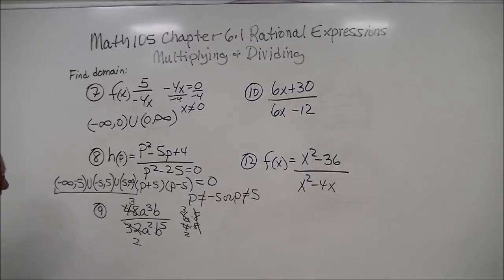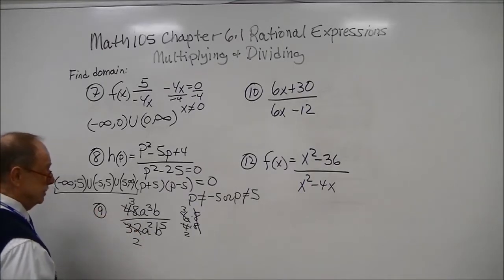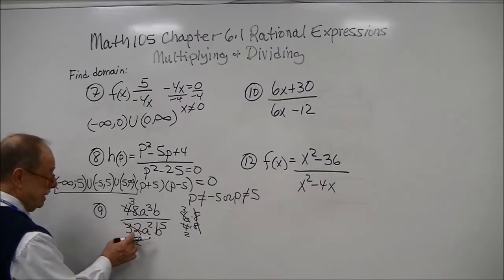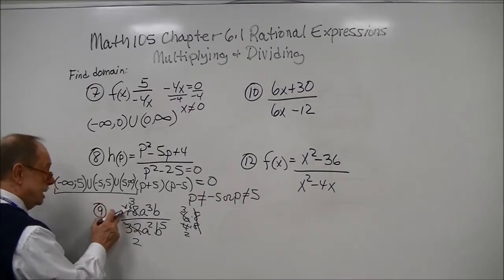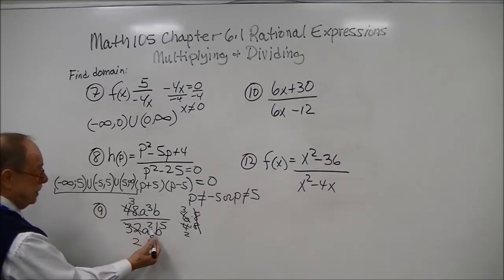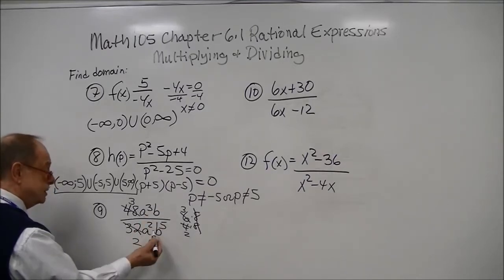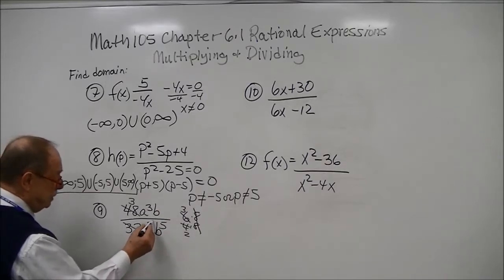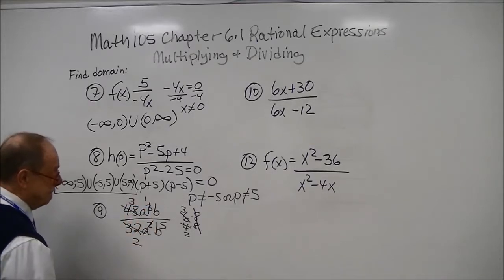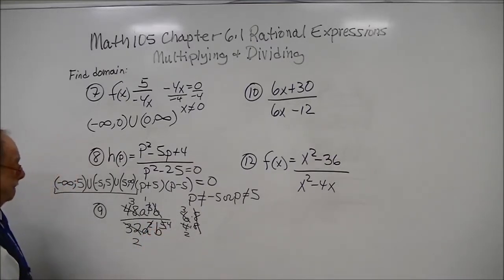So again, you're going to have to develop a method to cancel out common factors. So I saw a 4 times 8 and a 6 times 8, and then I realized it's a 2 times 16, 3 times 16, so I'm canceling out a common 16. And then for exponents, you're just going to subtract as you cross the division bar. So here you're taking 2 a's out from there, and you're just left with a 1a. Here you're going to cancel out a 1, and you're going to be left with a 4.